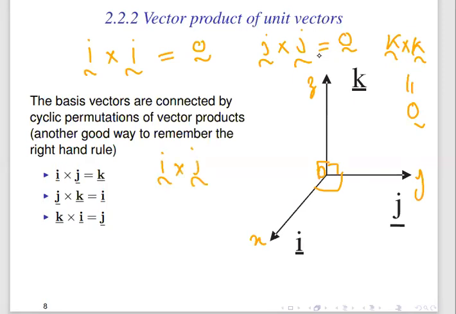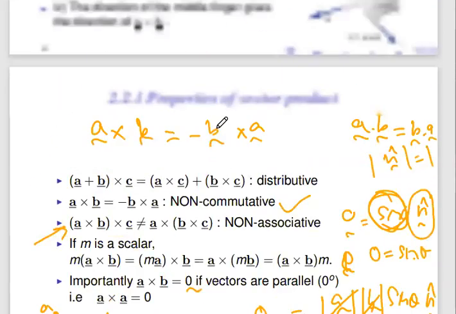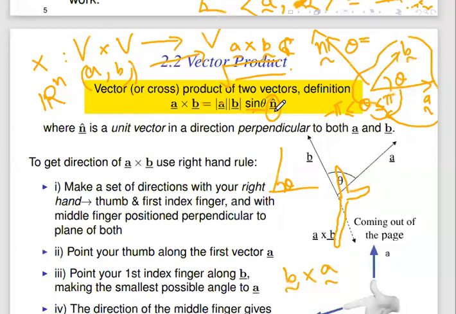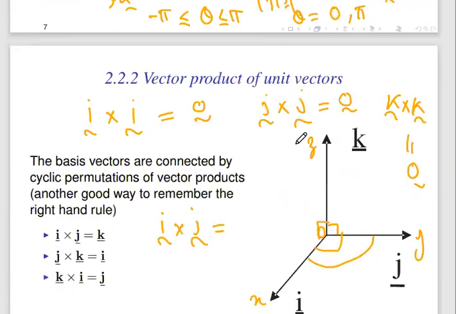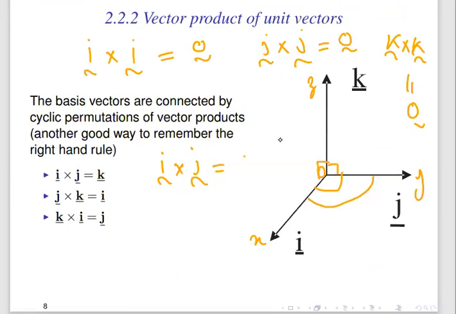Let's use the definition of cross product: magnitude of I, magnitude of J, sine of the angle between these two vectors.